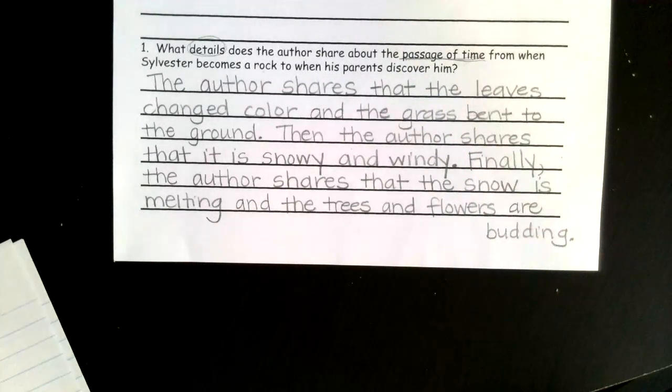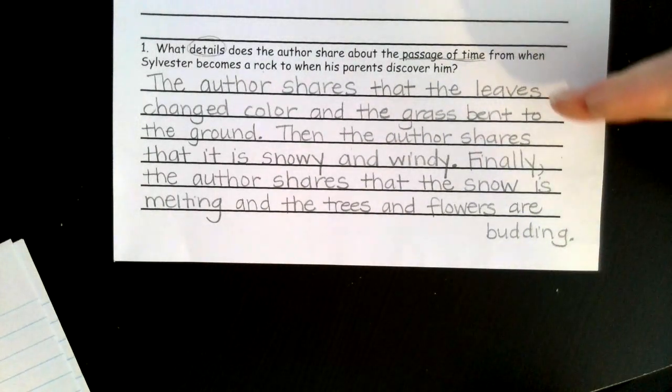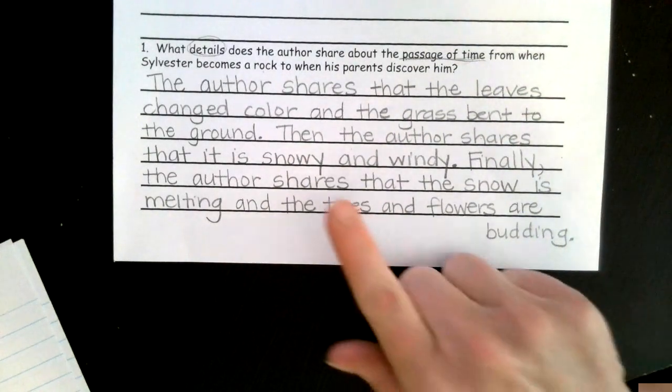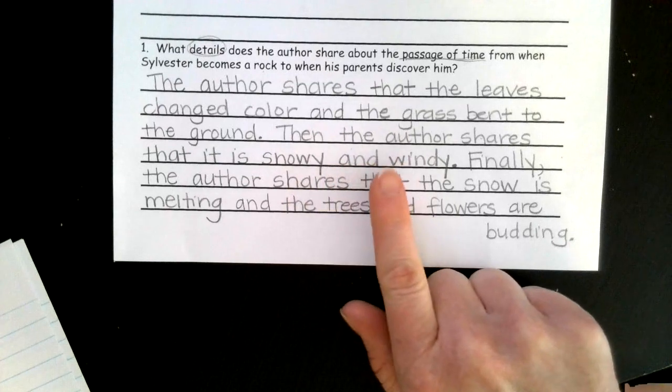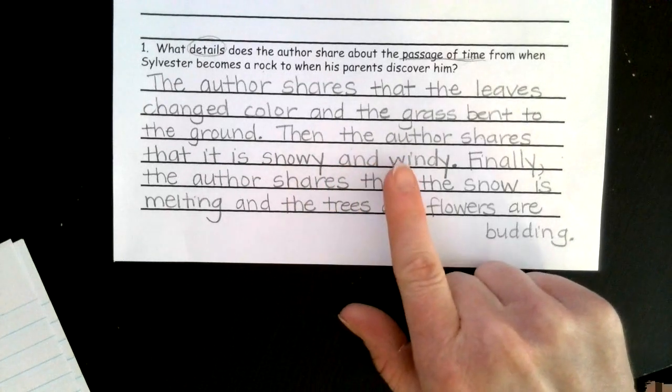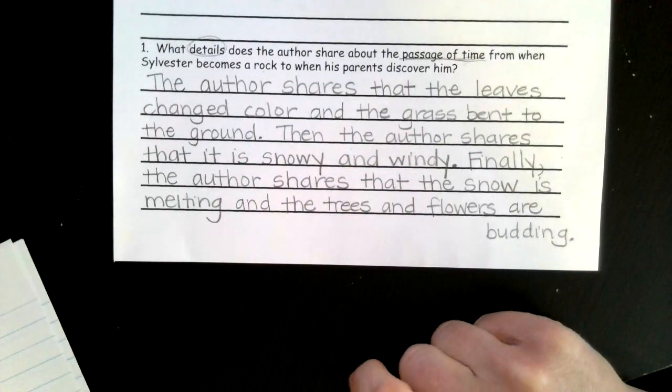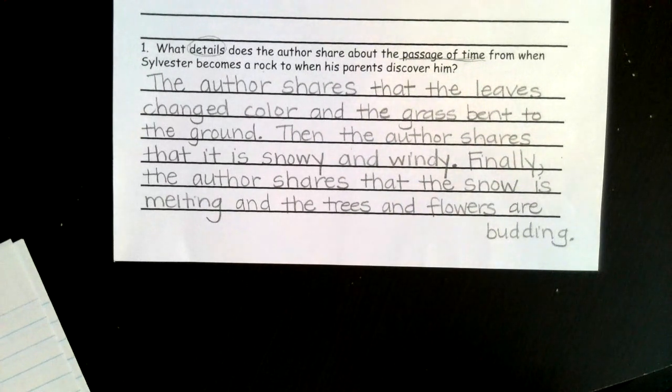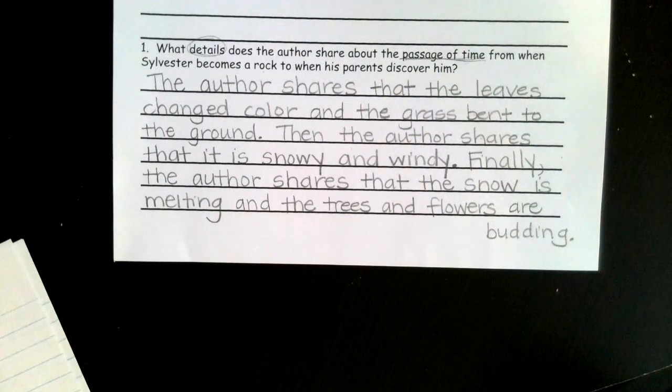Those are all great details from the story. And you didn't even have to have those exact details. If you wanted to have any of the details that show the passage of time, like that the animals were inside, or they were hibernating, or the flowers showed their young faces, if you want to change it up, you can too.